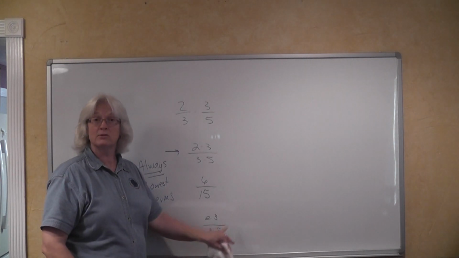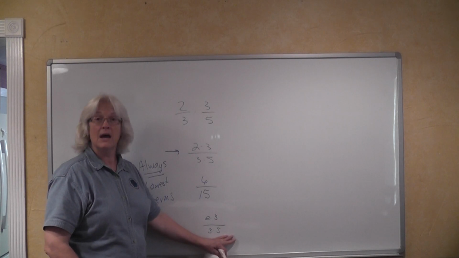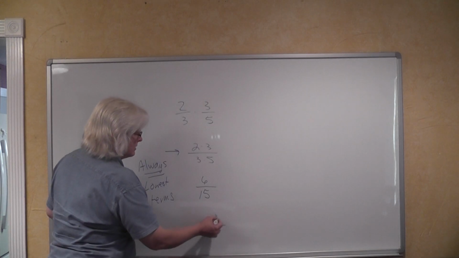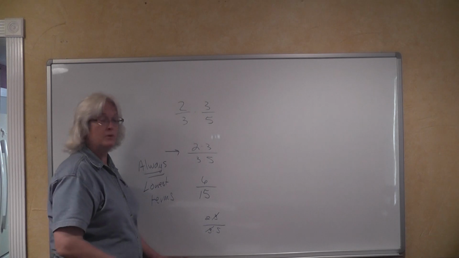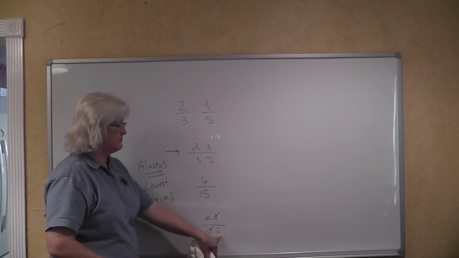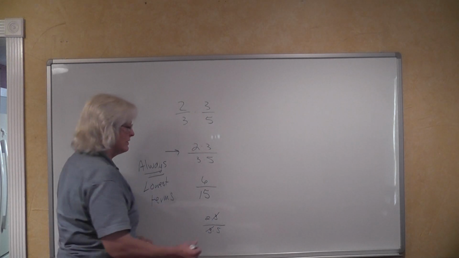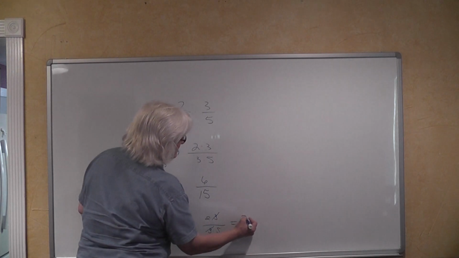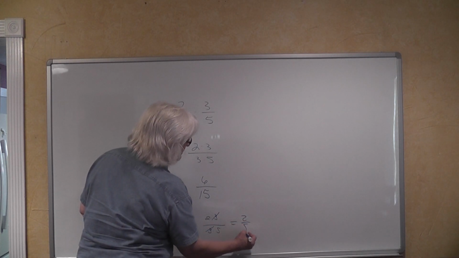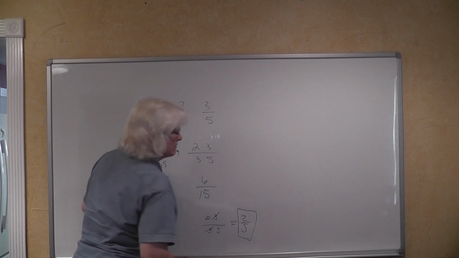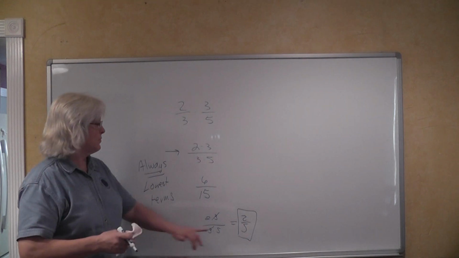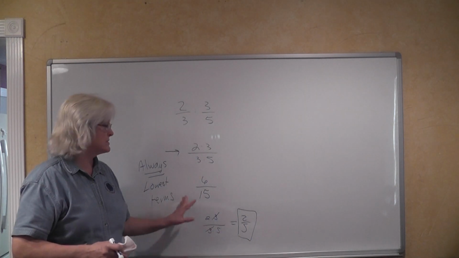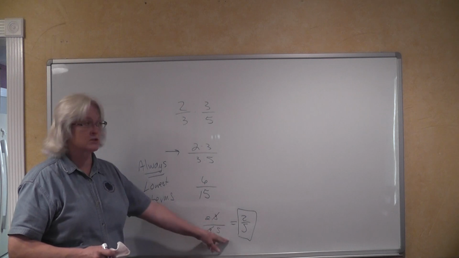Do we have any factors in common here? Yes, we do. So we can cancel those common factors, and we now have a 2 in the numerator and a 5 in the denominator. So the reduced form, in lowest terms, of our answer, 6/15, is 2/5.